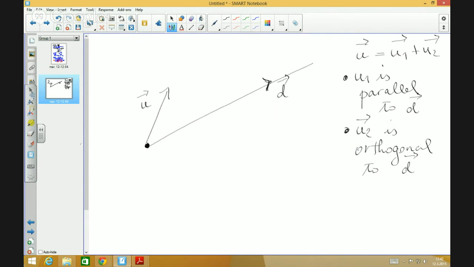Well, one thing that we can do is to project the vector u on the direction vector, on the line determined by the direction vector. So what does this mean? That I take this point here and I go down 90 degrees.